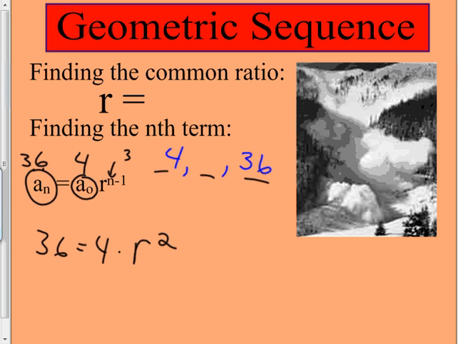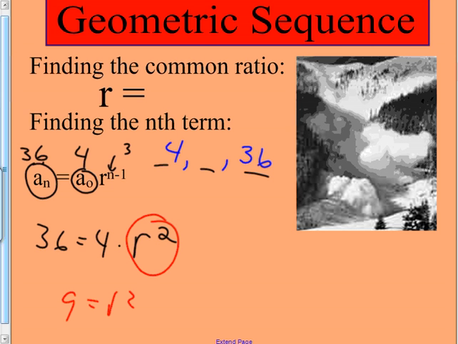Now what? Get the clump alone. That's the clump. We're going to divide both sides by 4. We get 9 equals r squared. So r must equal 3 or negative 3, interestingly. But we can call that other one an extraneous answer. I know that's kind of just cheating, but I'm going to.